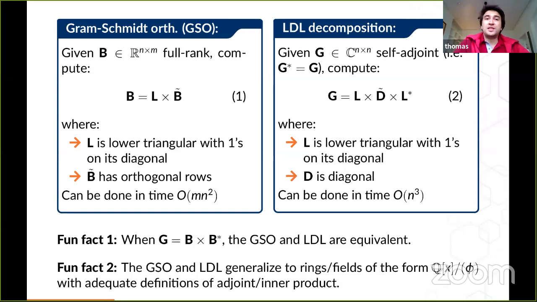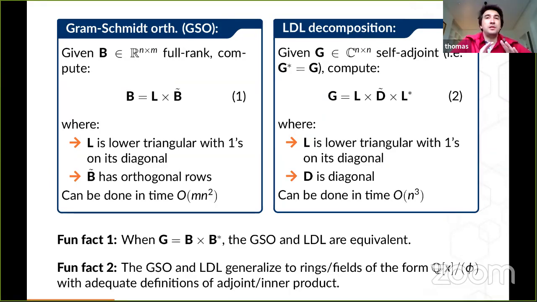For fact number 2, the GSO and LDL generalize to rings and fields of the form Q[x]/(phi) for some polynomial phi. So in order to do that, you have to provide an adequate generalization of the adjoint or the complex conjugate, and a generalization of the inner product.